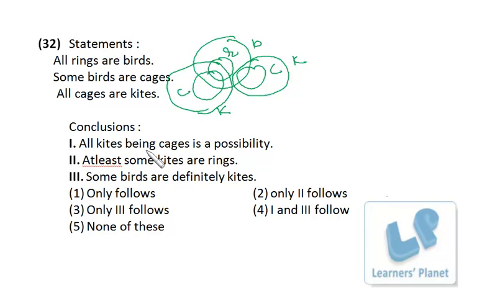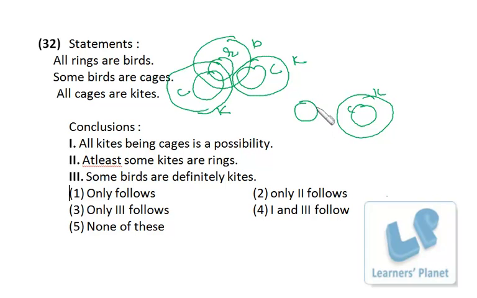So all kites being cages is a possibility. See, all cages are kites. That is already given, right? All cages are kites. Cages, kites. So as I've already told you, when we have all cages are kites, we can have two overlapping circles also, right?